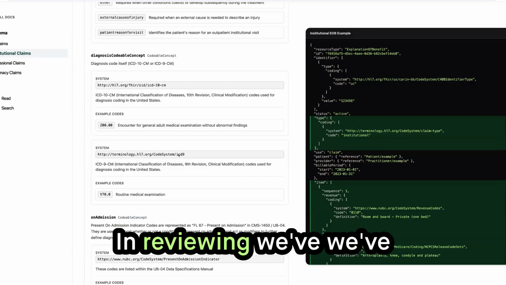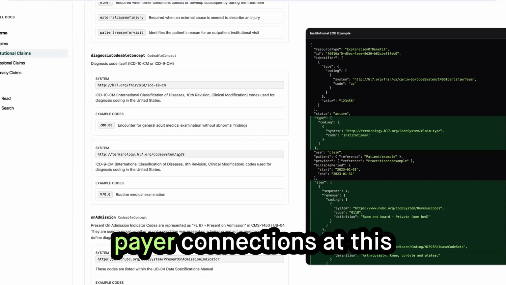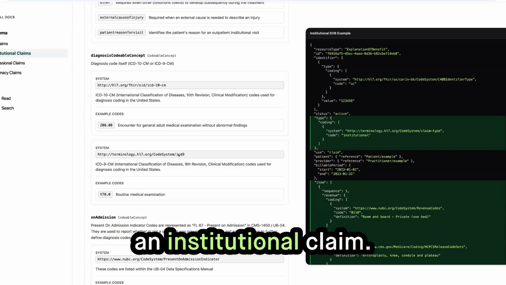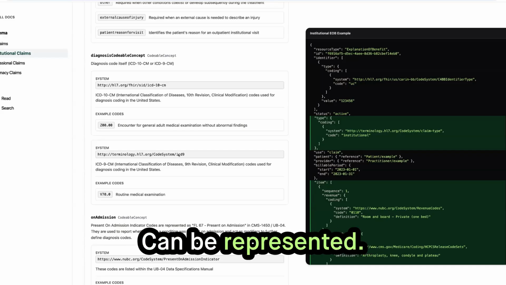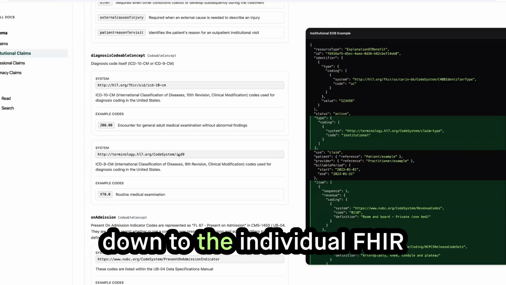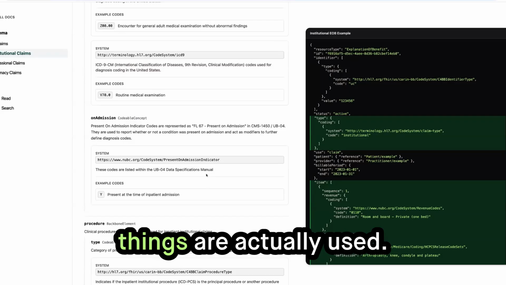In reviewing, we've made over 200, or I think it's over 300 different payer connections at this point, and seen 300 different examples of how an institutional claim can be represented. And we've taken those lessons and narrowed them down all the way down to the individual FHIR element level to provide descriptions of how these things are actually used.